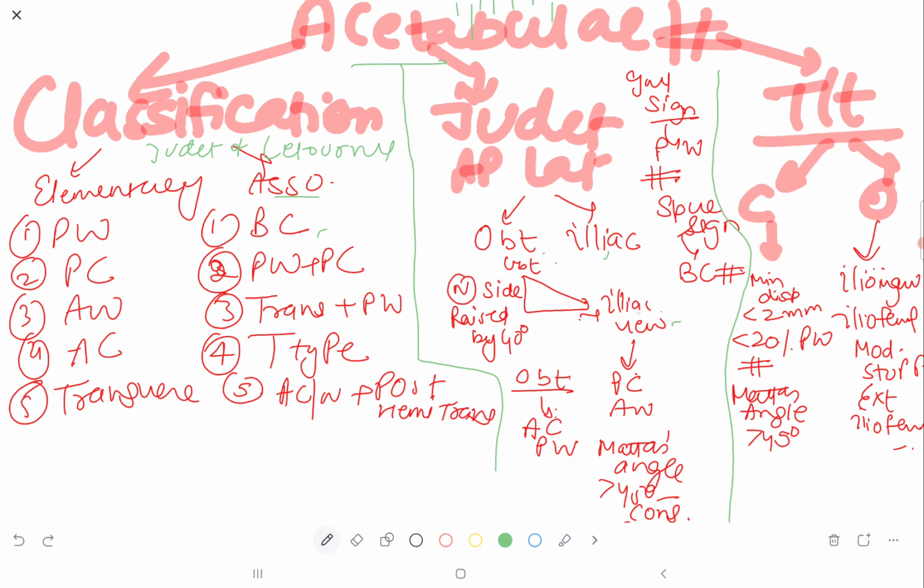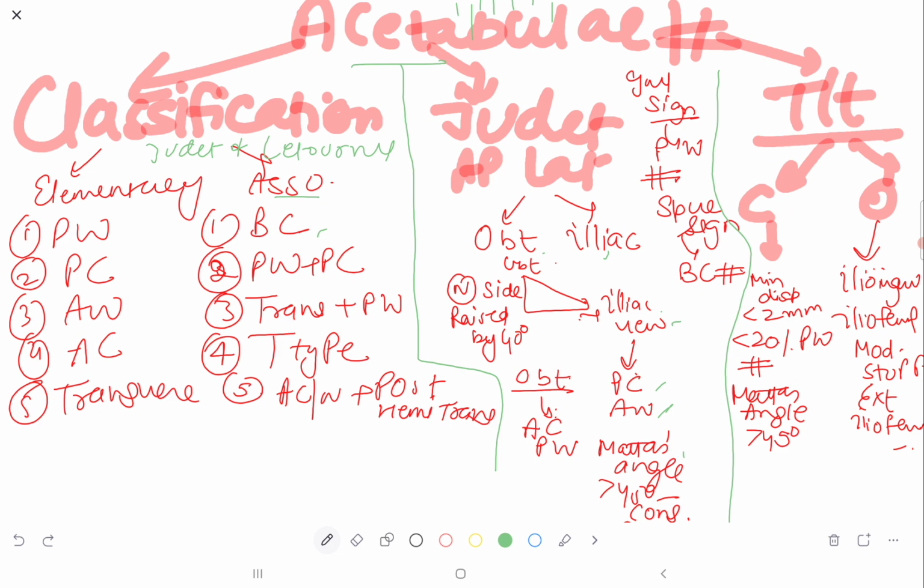If you want to get the obturator view of the diseased side, then you will raise that part. In the iliac view you will see the posterior column and anterior wall. In the obturator view you will see the anterior column and posterior wall.